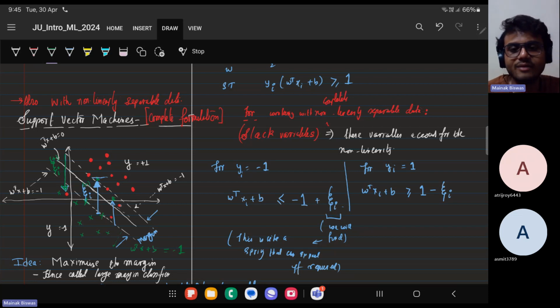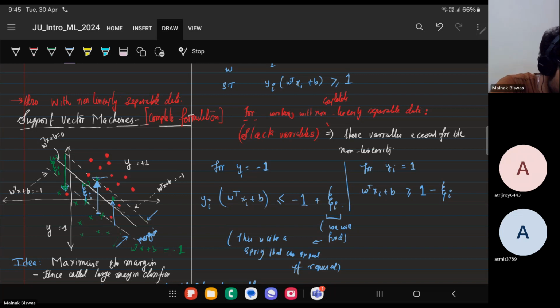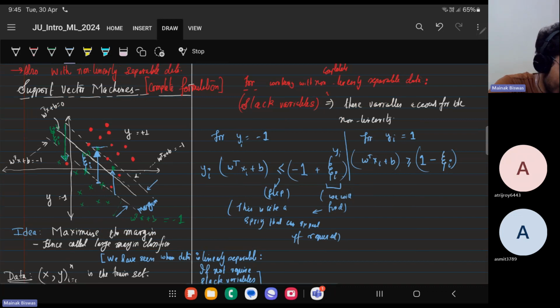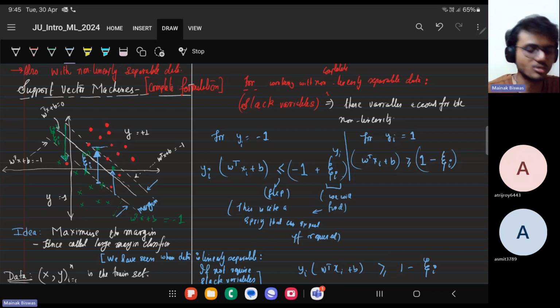Okay. So now I am very happy. You see, I will multiply y on both sides. And then again, I will get the same formulation, right? This inequality will flip because it is negative, and I will get yi times (w transpose xi plus b) is greater than or equal to 1 minus xi I. Yes or no?